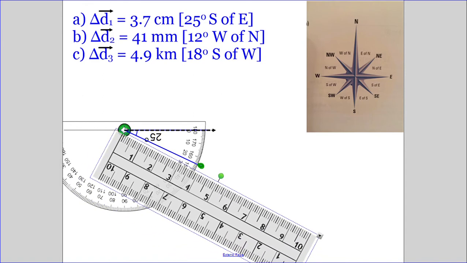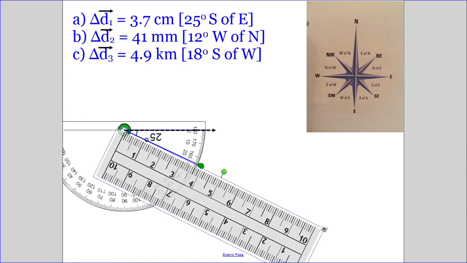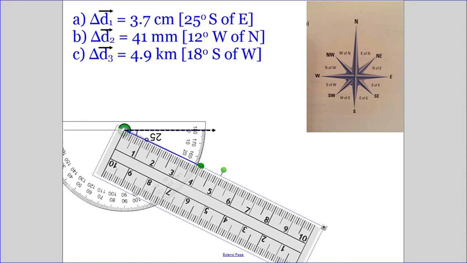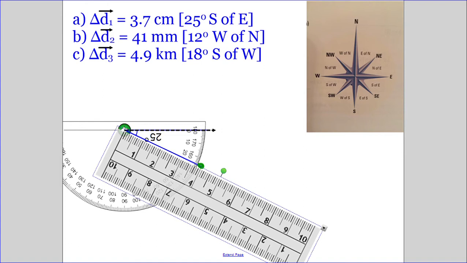If I measure this out to be 3.7 centimeters that I need right from here, 3.7 centimeters looks like it's going to come right to about, so here's 3.5, so it looks like it's going to come right to about here, and then I'm going to use that to draw my line that I have. And so my line is going to go from the beginning, all the way through to that 3.7 marker, and I'm going to stop right there.